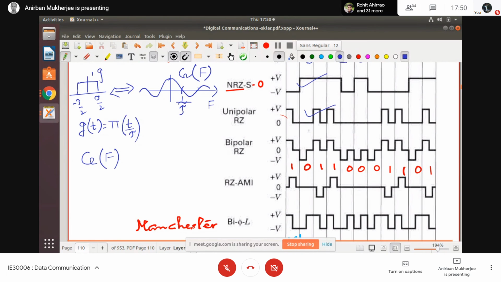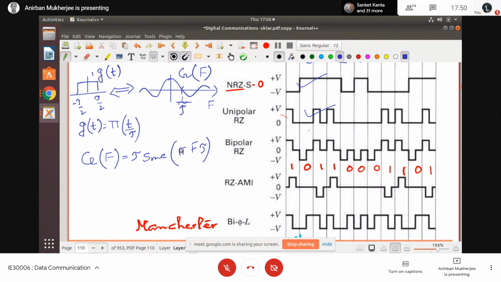This is g of t. G of f is basically tau sinc, you understand, I think, sin x by x, sinc of pi f tau.